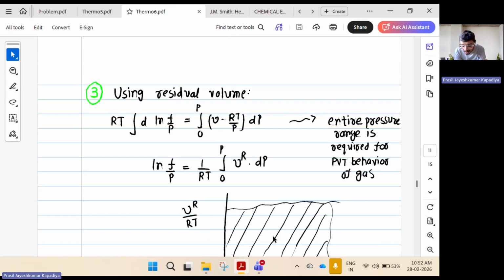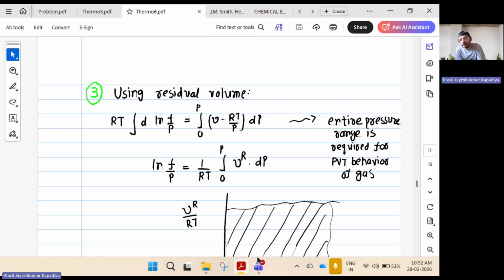Now, there is one more approach to find this f by P term, that is the residual volume approach. So how do I write it? I write it as RT into d(ln f/P) equal to integration 0 to P of (V minus RT/P) dP. So my ln f/P is equal to 1 upon RT times the integration of this V minus RT/P term.